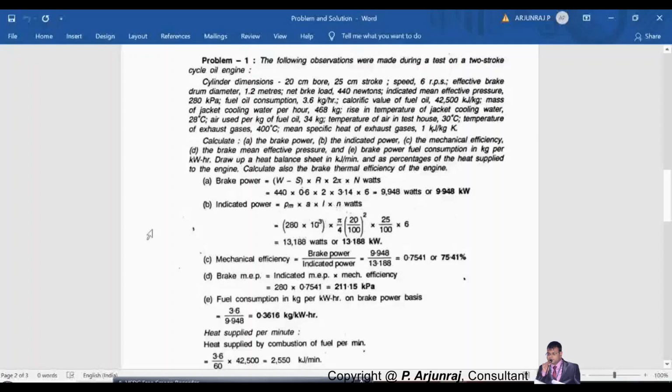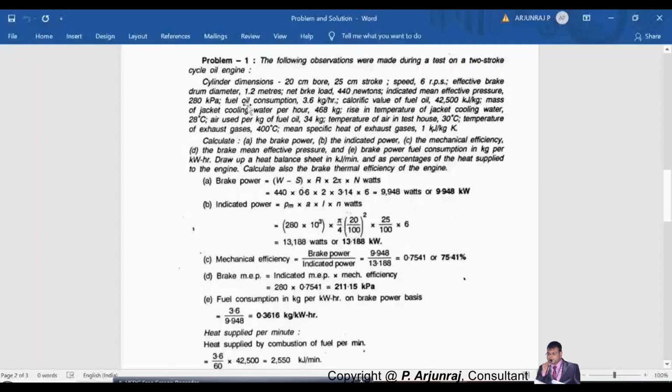They have given the indicator mean effective pressure as 280 kilopascal. So you need to convert that to Pascal, so times 10 to the power 3. The area is nothing but pi by 4 D square.